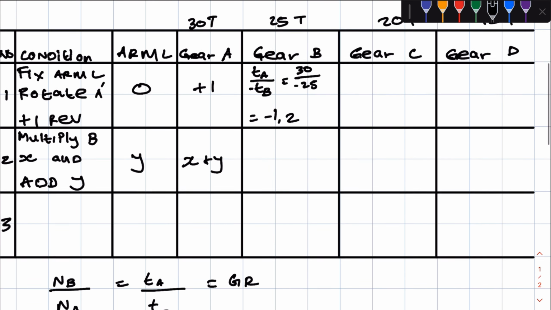Take that as your equation 1. Then for our equation 2, we're going to use gear D. The second condition for gear D is minus 2x plus y is equal to 0.